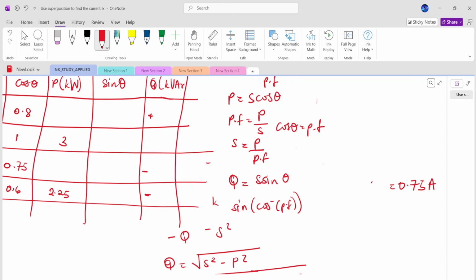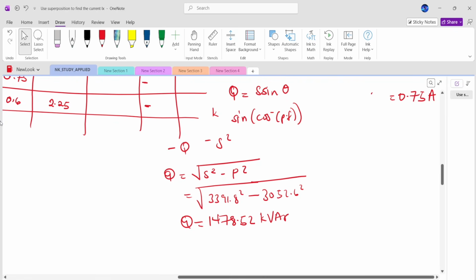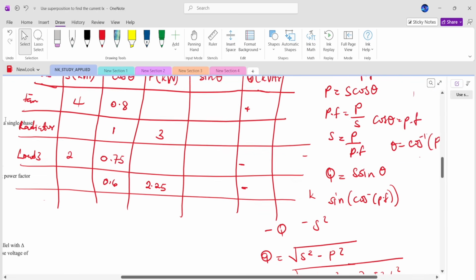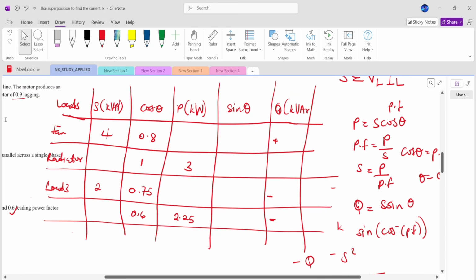So I can say that theta is equal to cos inverse of the power factor. These are what we are going to use to fill our table quickly. It's not a big deal. A question like this, you should be able to score everything if you follow what we've done.